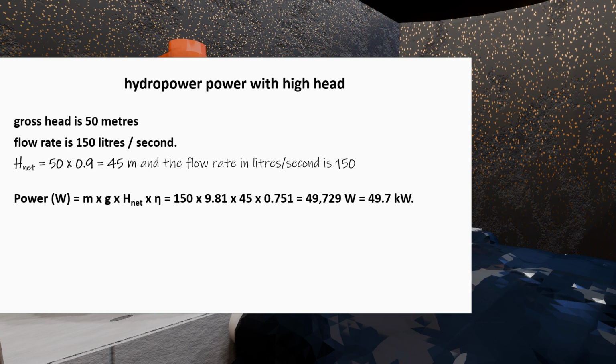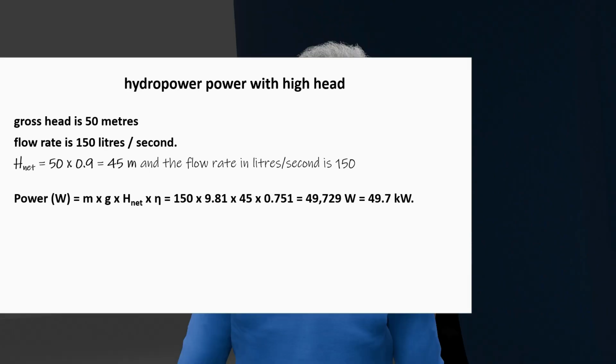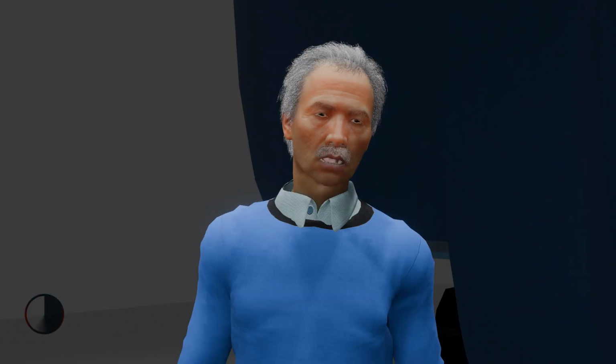Hence power equals mass flow rate multiplied by gravitational constant, multiplied by net head, multiplied by component efficiencies, which is equal to 150 multiplied by 9.81, multiplied by 45, multiplied by 0.751, all equal to 49,729 watts, or 49.7 kilowatts.